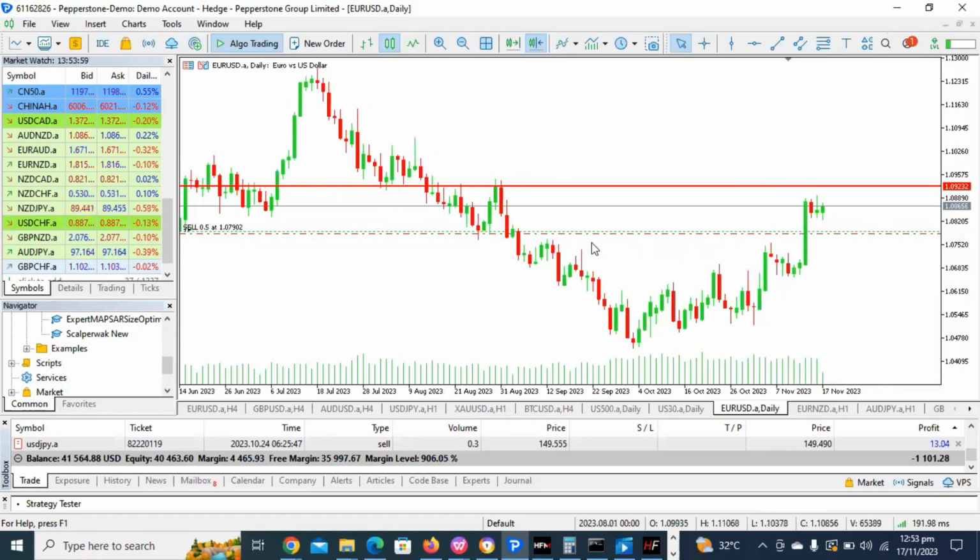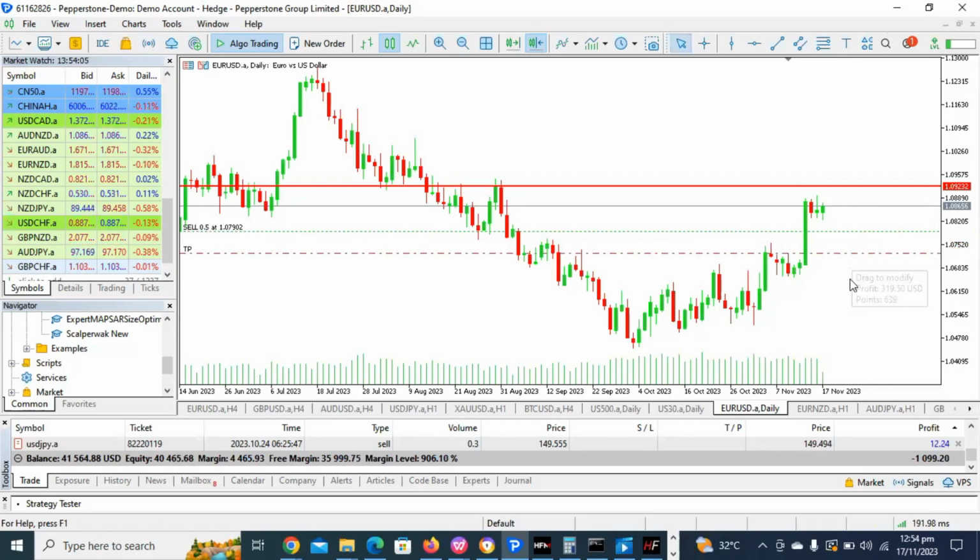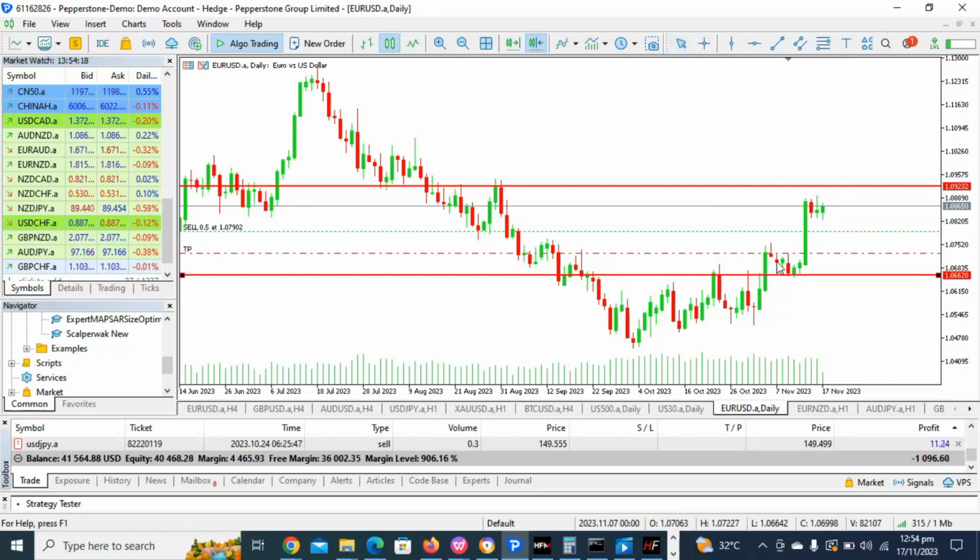This trade is a sell order, but it's been buying against. This is a demo account, please don't take it seriously. Okay, so this is my support, and this is my support. But I can find another support here.